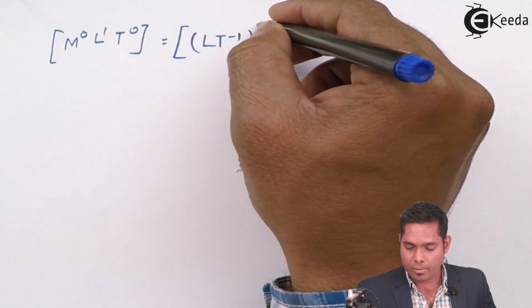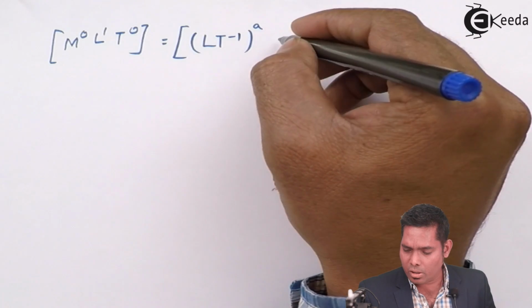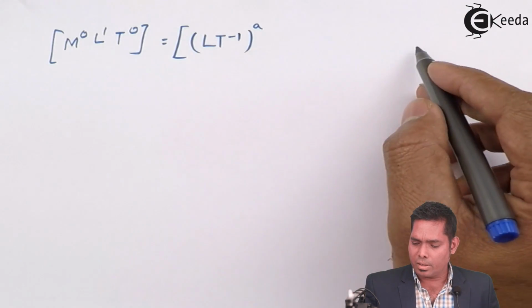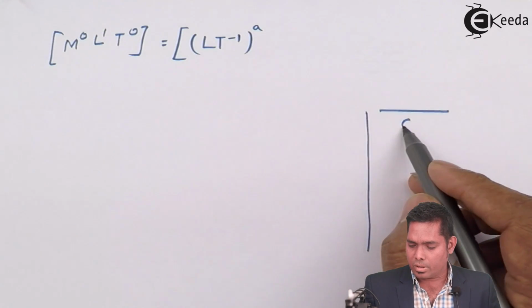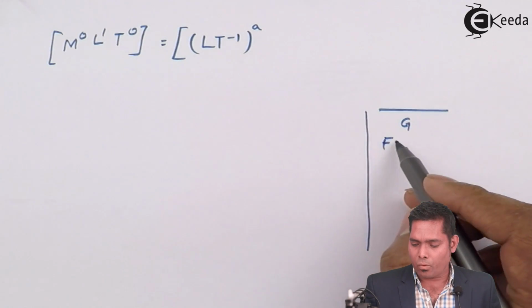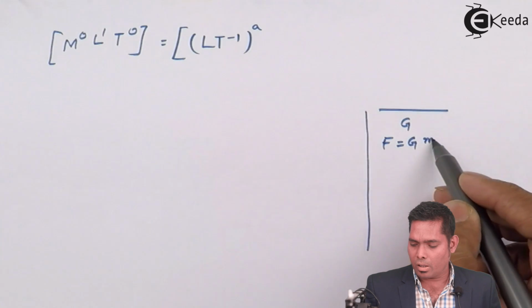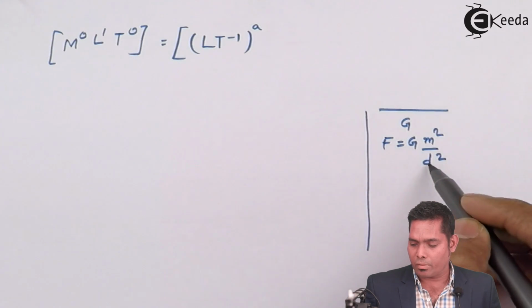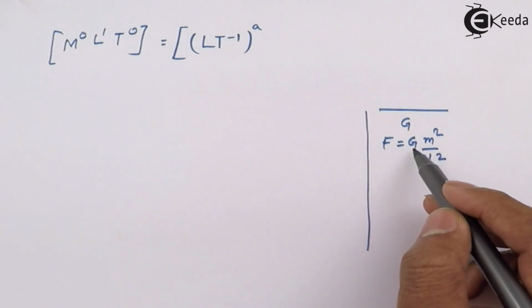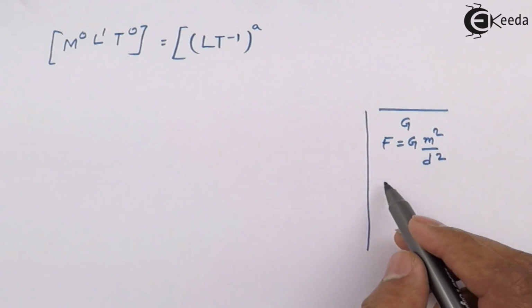and its power is a. Then we have G. G is the universal gravitational constant, which is obtained from F equals G m square upon d square, with mass square and distance square. So this is Newton meter square per kg square.